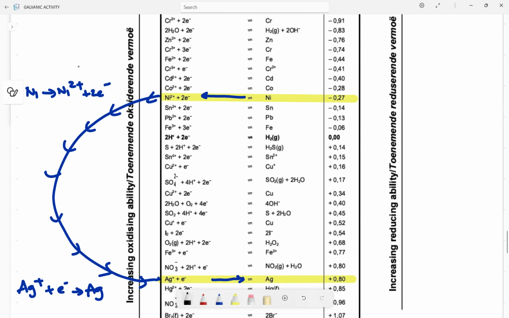Why? Because Ni moved from Ni0 to Ni2+, so there was an increase in oxidation number, or it lost electrons. Remember, according to OIL RIG, oxidation is loss of electrons. So this one lost electrons, so this one undergoes oxidation.